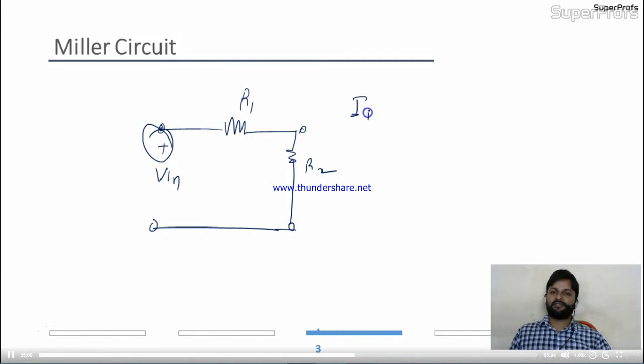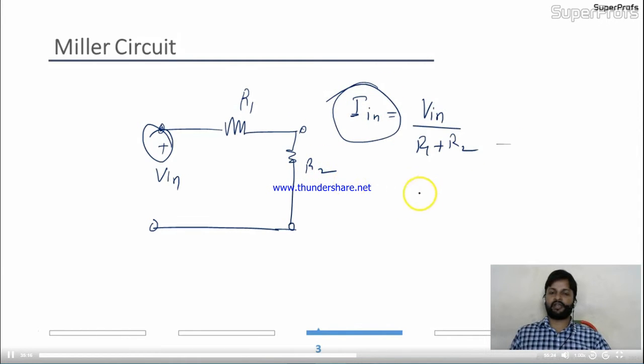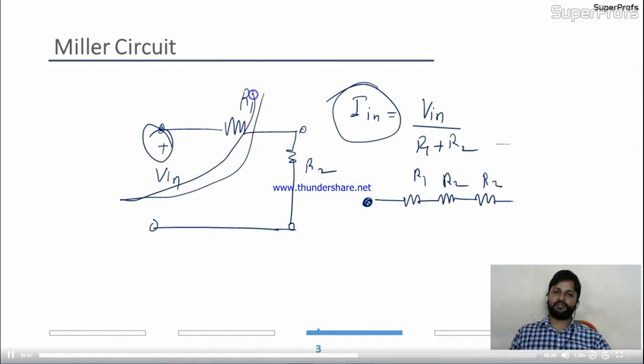Because the current value depends on the number of resistances, or the value of resistance. If you are adding R3, R4, then your In is going to reduce. So if you are adding resistors R1, R2, R3 in the circuit, then at the input stage initially suppose your current is something like 2 ampere.